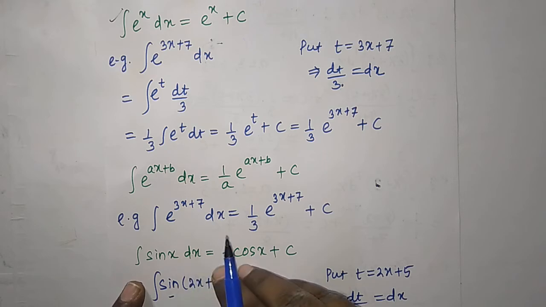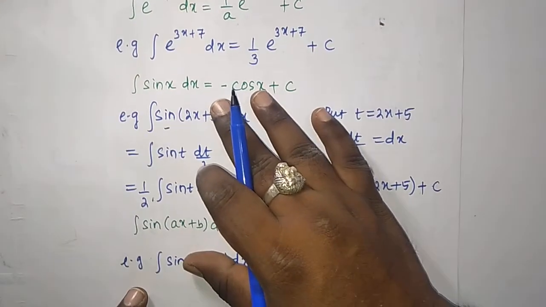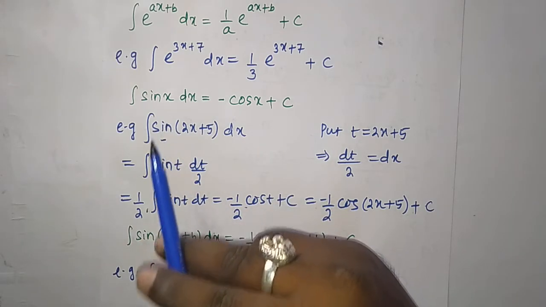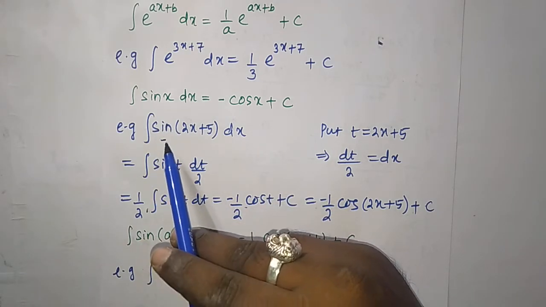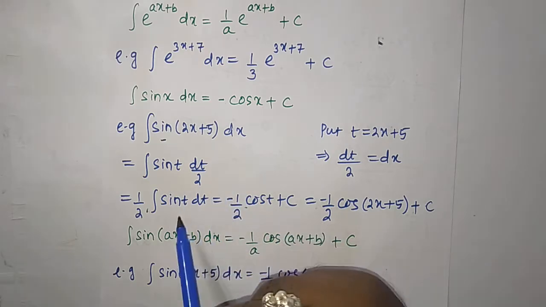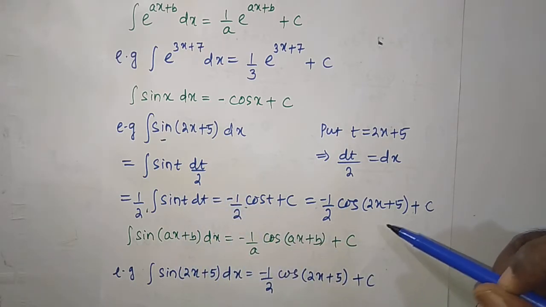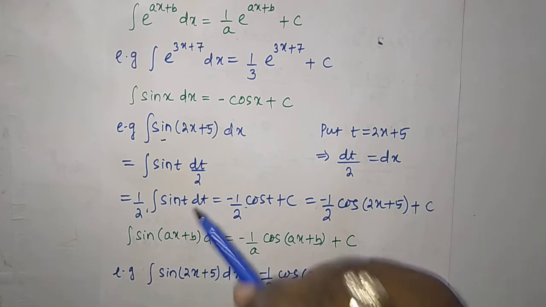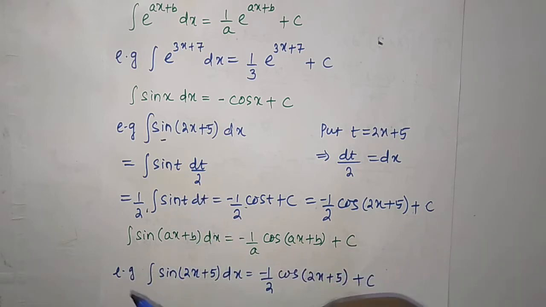For the trigonometric case it is also the same. Here you can see the example I have solved: sin (2x + 5), for which I got the result minus 1 by 2 cos (2x + 5) plus c. For this example also I have a shortcut formula; if you use that formula, you will get the solution directly.